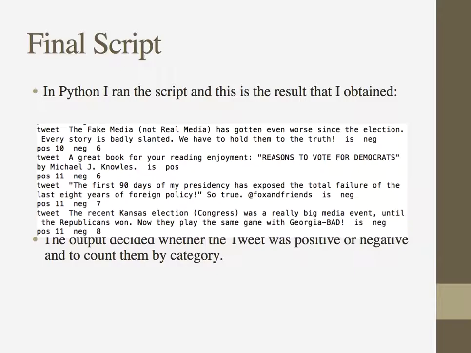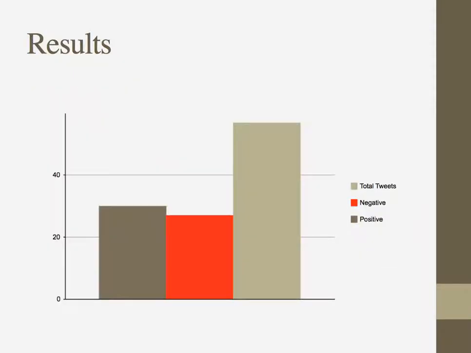So as an output, we categorized each tweet as positive or negative, and counted them by category to have a final count at the end of the report. So here you find the results.